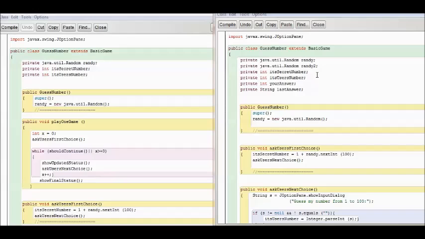So you can see on this side here's Adam's exercise 4 project 10, and here is my 4.11. What I've added here is a private java.util.Random randy, a private int yourAnswer, and a private String lastAnswer.